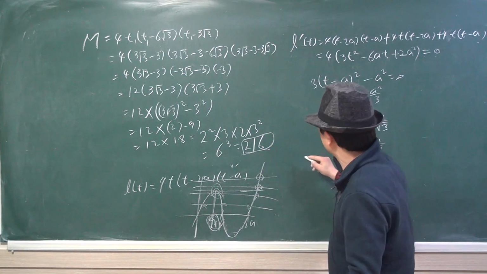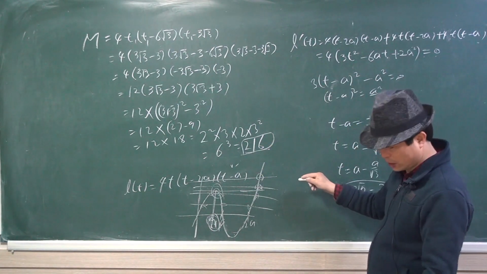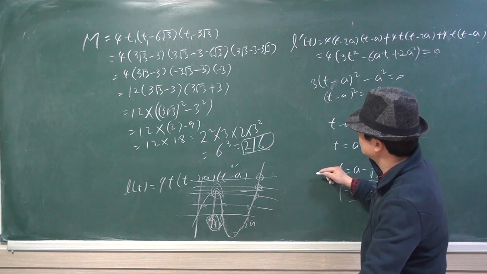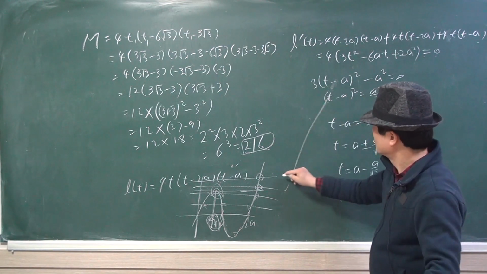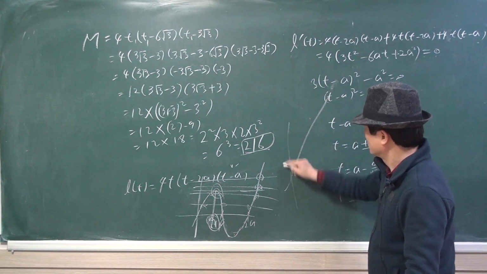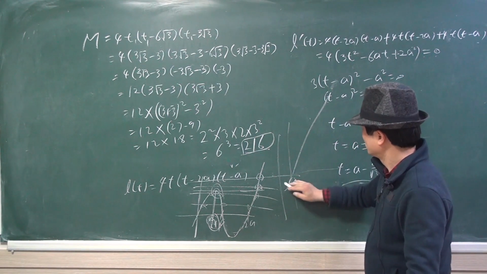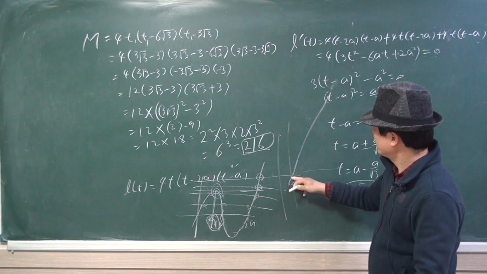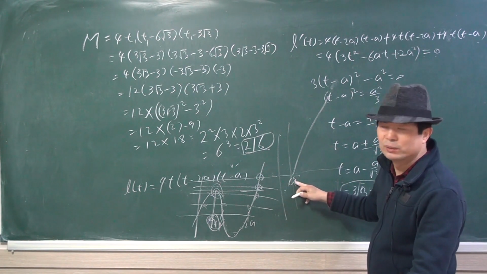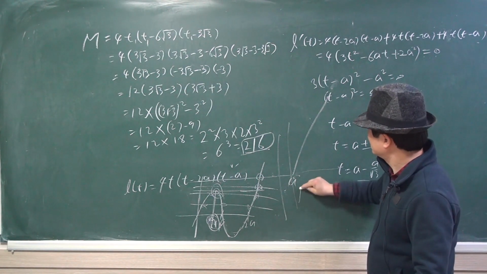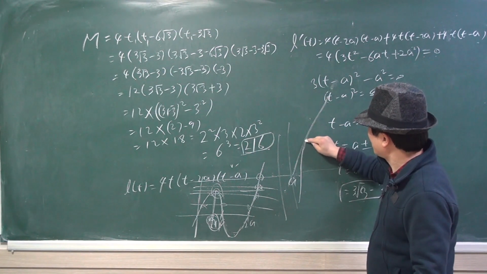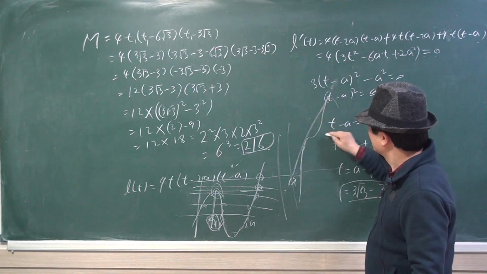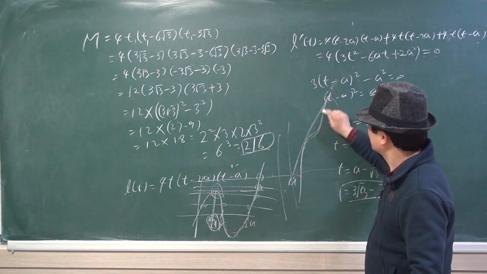By remembering the sketch of g(x), the line passes through A(0) and g(x) is tangent to alpha and beta like this.